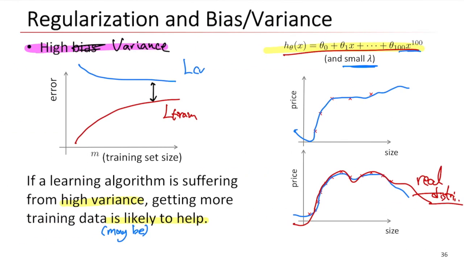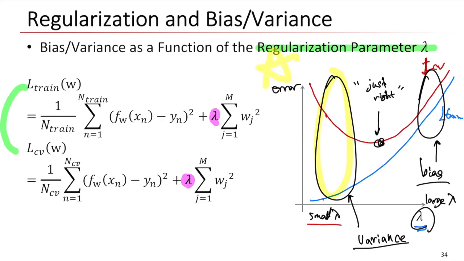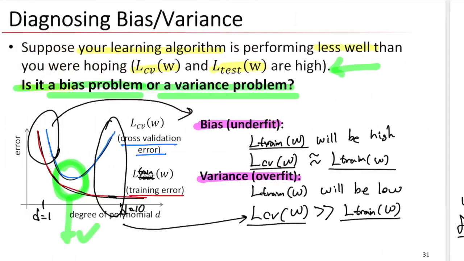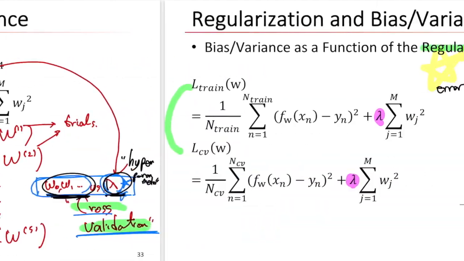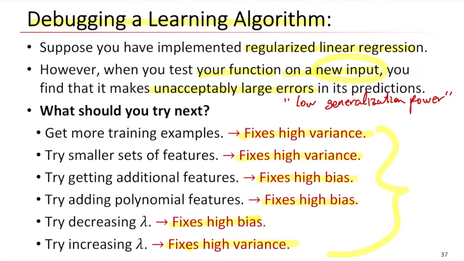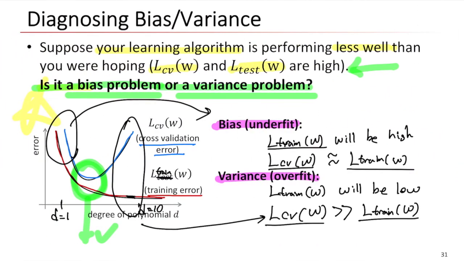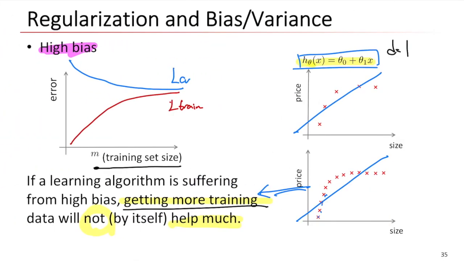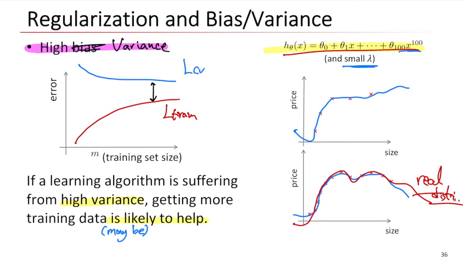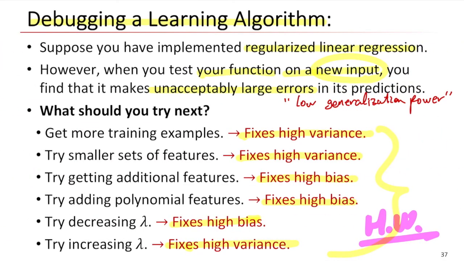So these answers are related to this one and this one. So please summarize these answers yourself with this figure and this figure. It will be a good debugging method for your new algorithm.